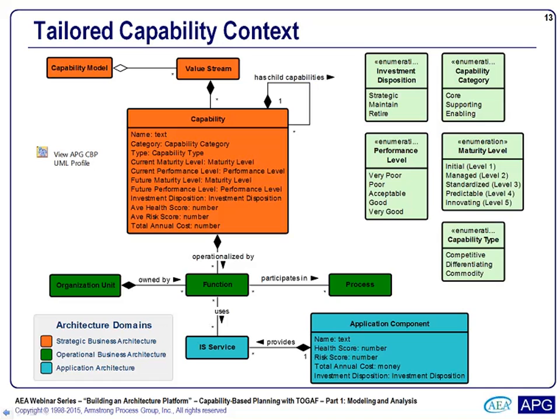But there are, of course, other indicators about capabilities that can be informative. One is the category of capability. Is this a core, supporting, or enabling capability? This may be useful, not always required, but the idea is that certain capabilities really represent what we do as a business and why we're here.